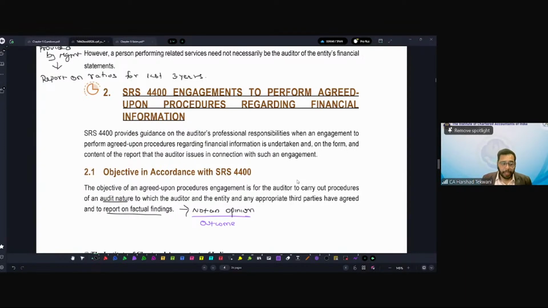Are you getting the point? So SRS 4400, when I talk about agreed upon procedures, as of now we are only talking about financial information, agreed upon procedures in the nature of audit procedures.